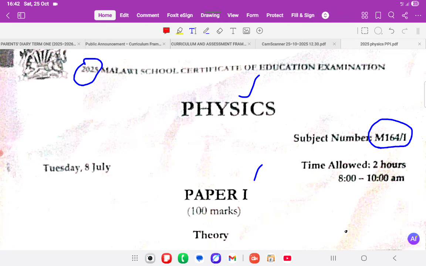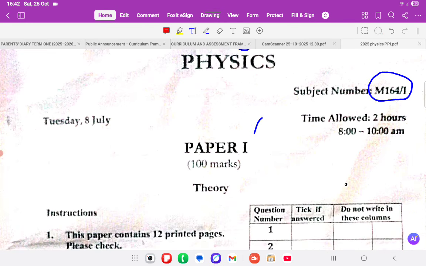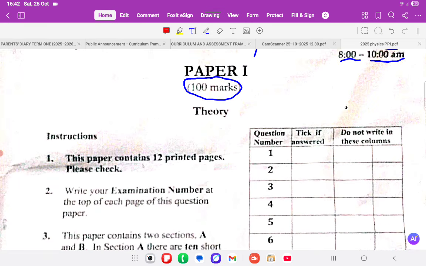This paper has 100 marks, and it is supposed to run for 2 hours. On that particular day it was written from 8 o'clock to 10 o'clock, 2 hours. That's fair enough.